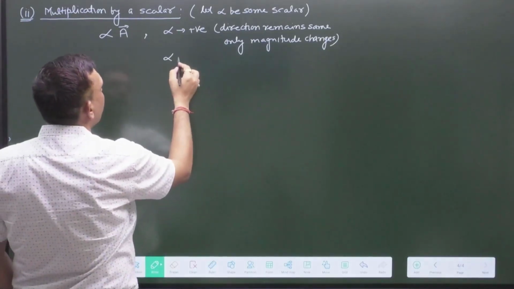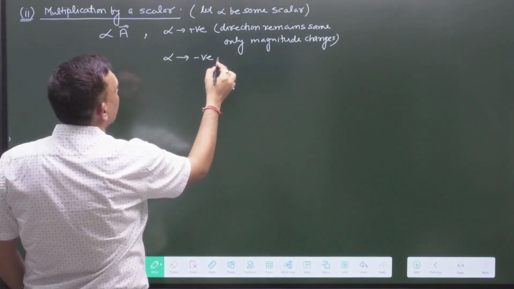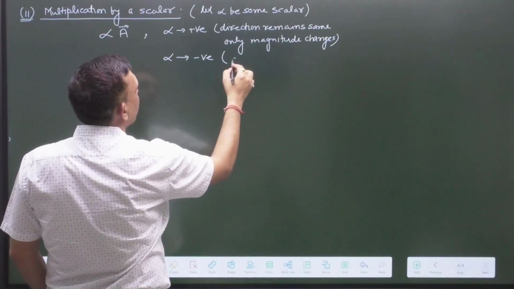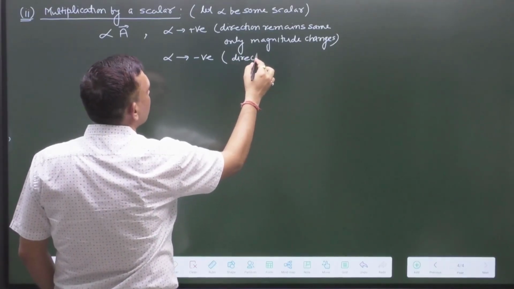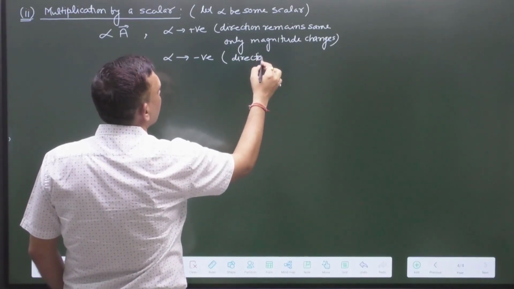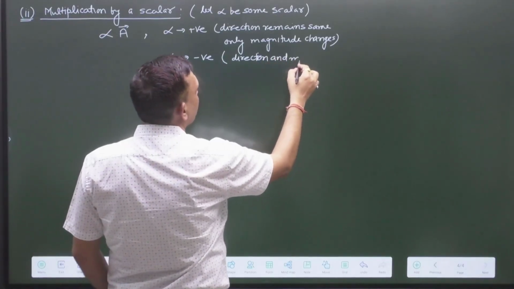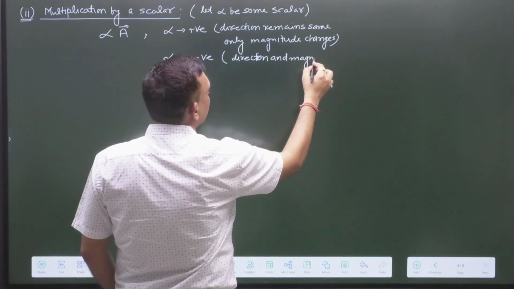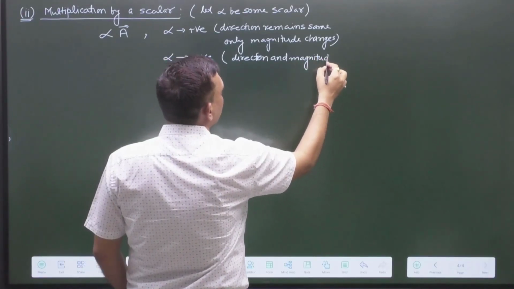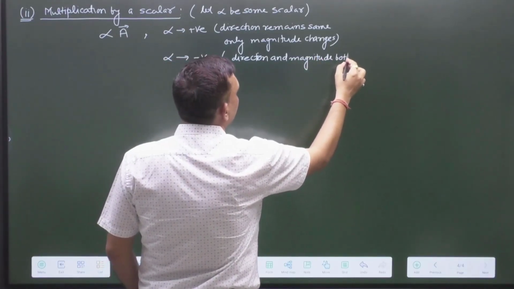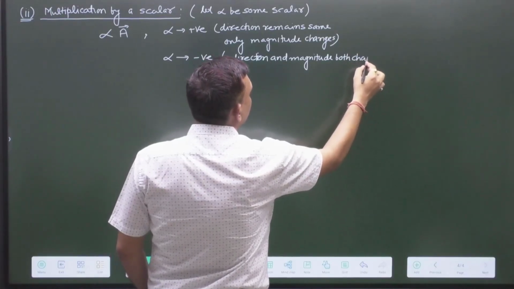And if alpha is negative, then direction and magnitude both change.